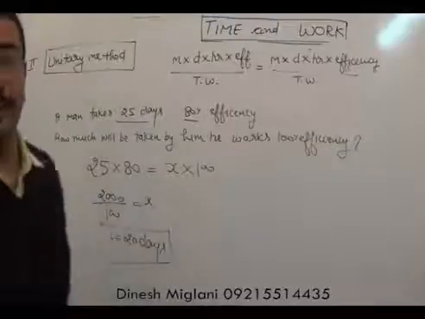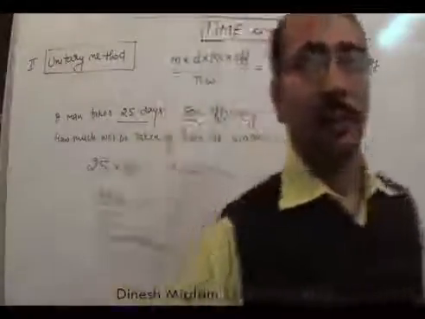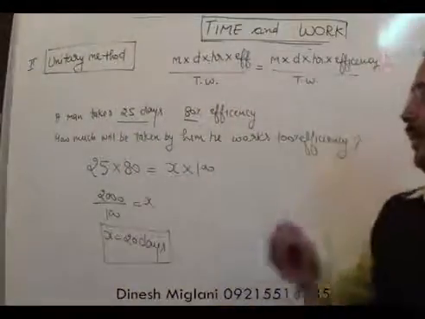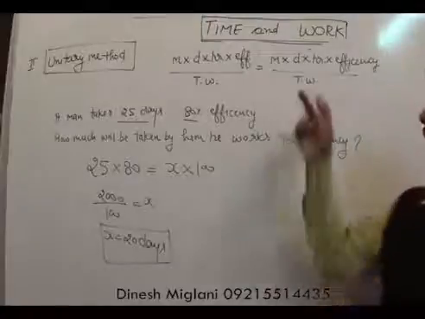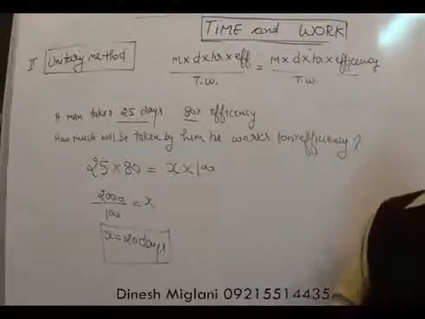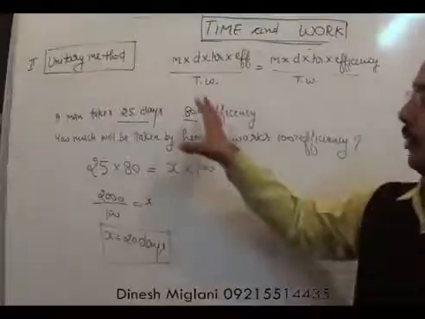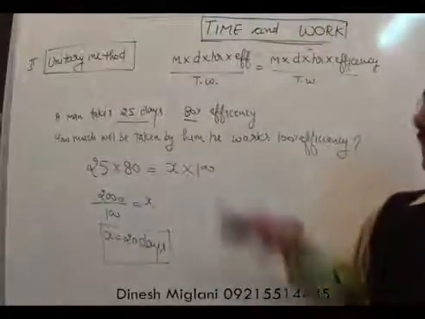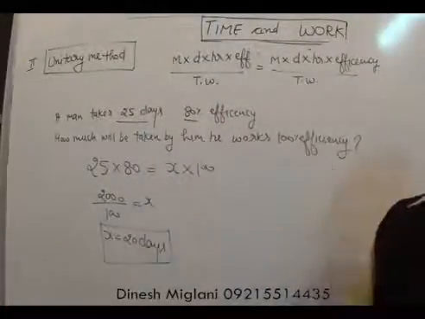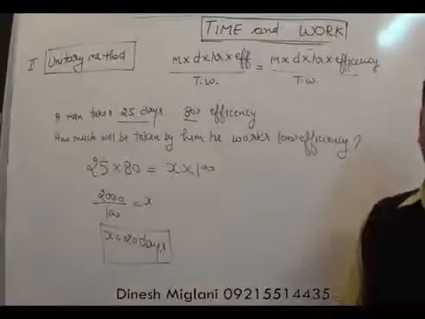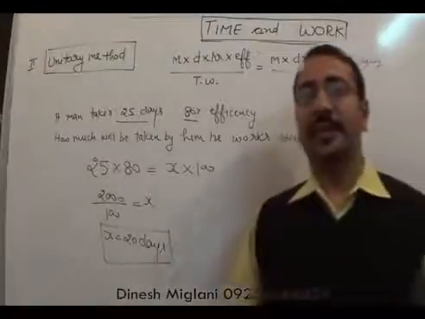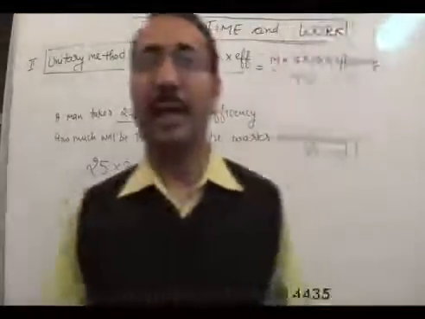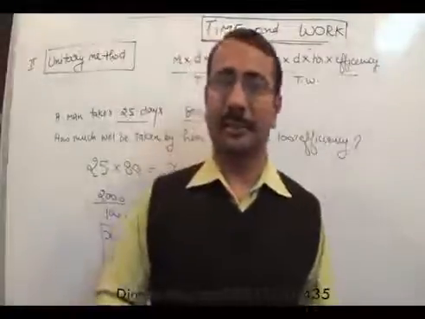Means there is no need to think any parameter. You just need to think, if work involved is there, use this whole concept. If no work involved is there, the product of all the parameters would be same as the product of all the parameters in the second equation. Whatever the missing value you have, take the missing value to be x and find the value of x, your answer is there.